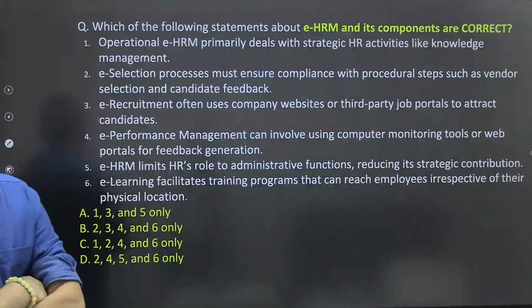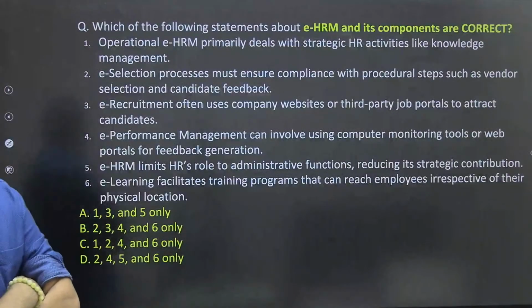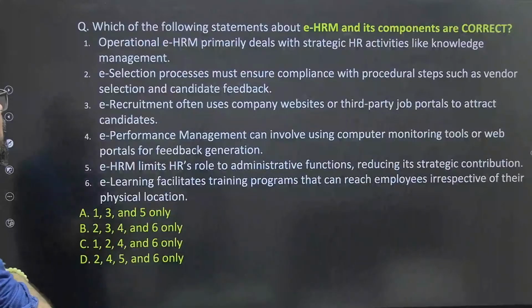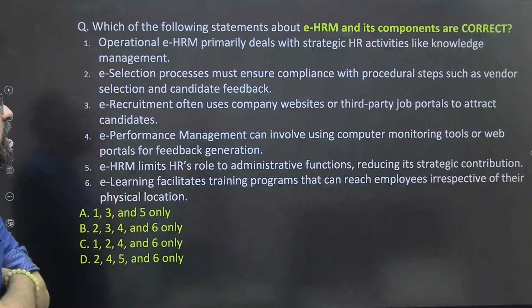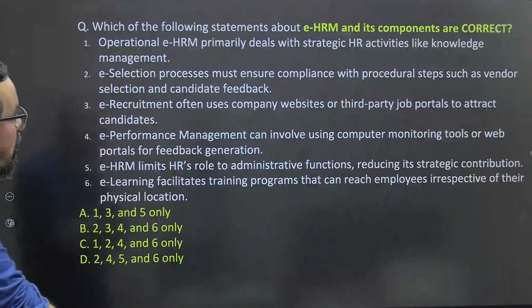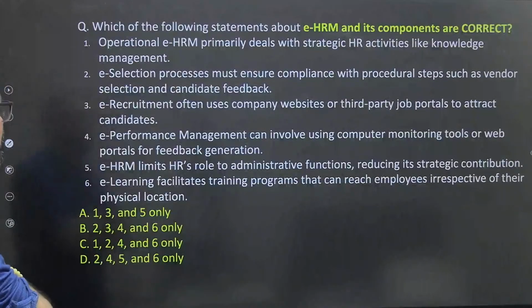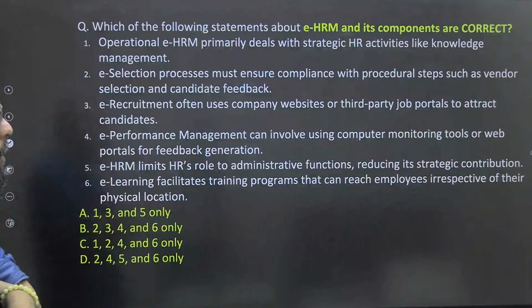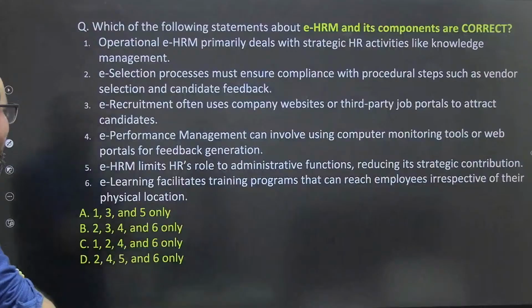So the first statement. Second statement: e-selection process must ensure compliance with procedural steps such as vendor selection and candidate feedback. E-recruitment often uses company website or third-party job portals to attract candidates.